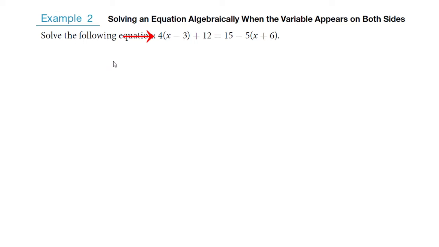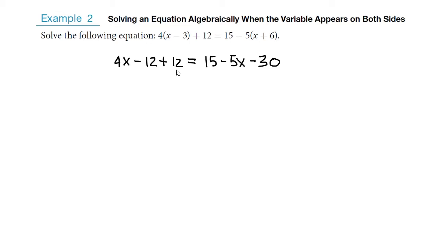The way that we do that is to distribute. So that is 4x minus 12 plus 12 on the left side of the equation, and 15 minus 5x, and -5 times 6 is -30.